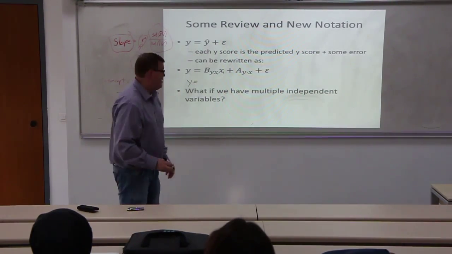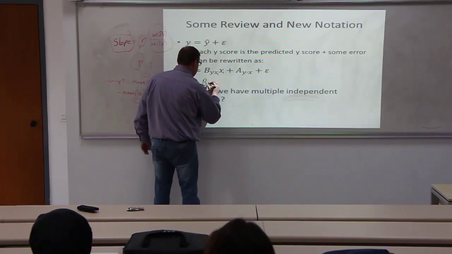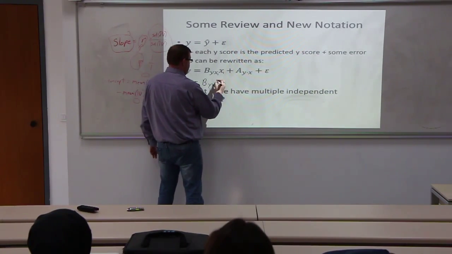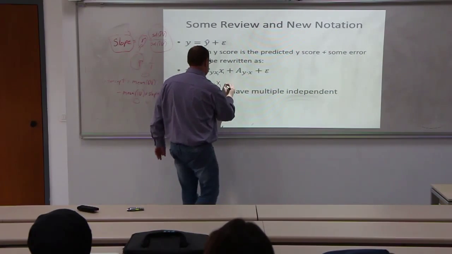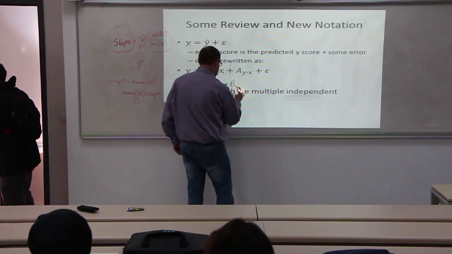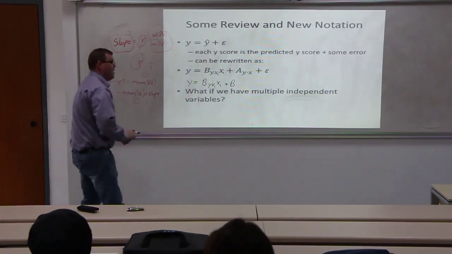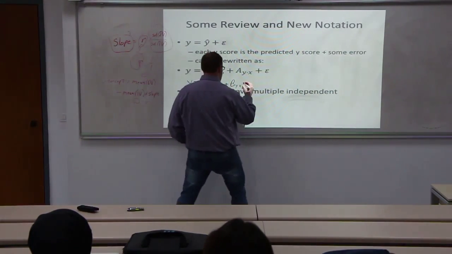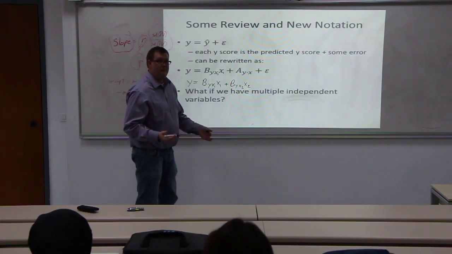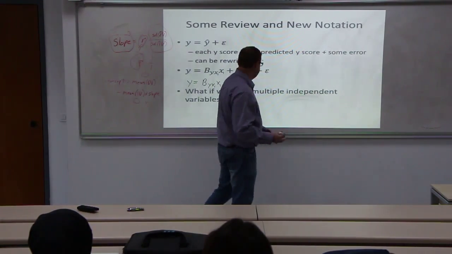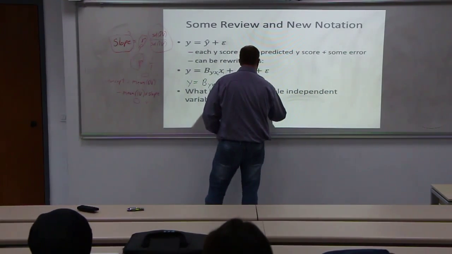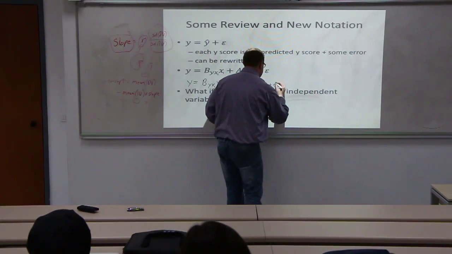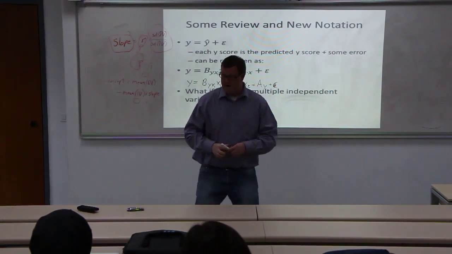And the second one will be b_yx1 times x1, plus b_yx2 times x2, and x3, plus the intercept, and plus some error, e.